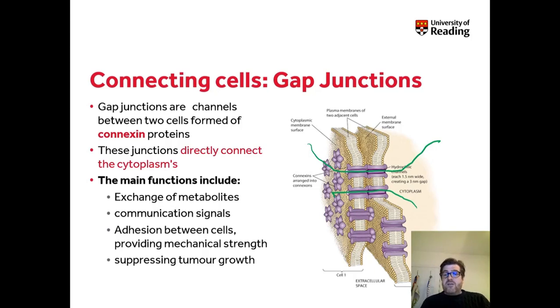They also have other roles, including things like suppressing tumor growth and allowing that communication. So this is one of the major ways that cells can communicate with their neighbors. And again, many cell types rely on this gap junctional communication to send signals through a tissue.